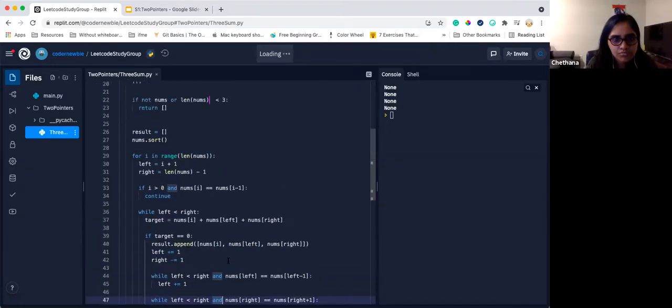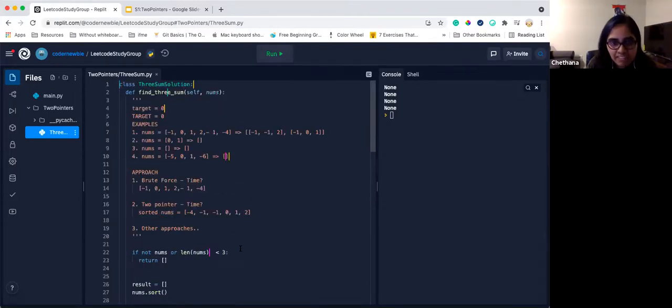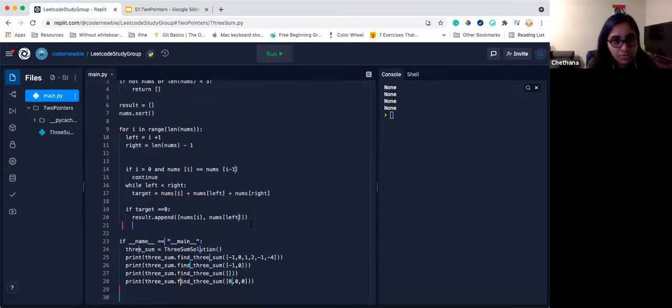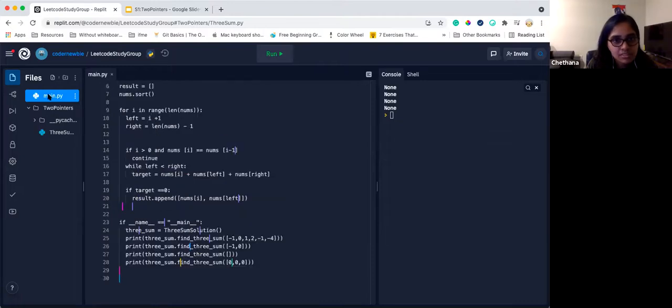Okay, so now that we have this particular snippet going on, let's try to see if we can get this to work based on what we have here. Let's see. So, okay.